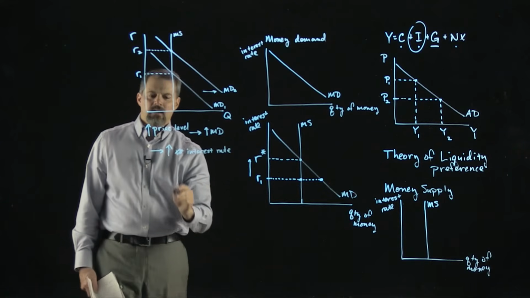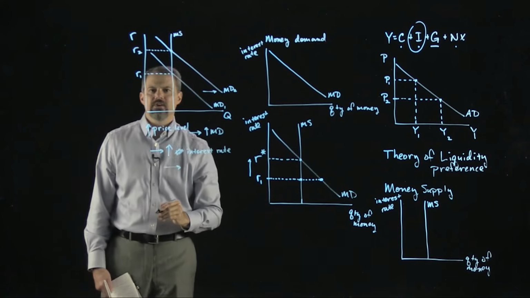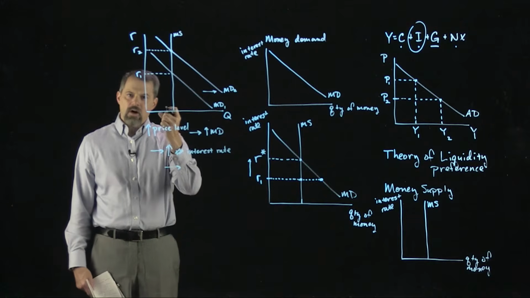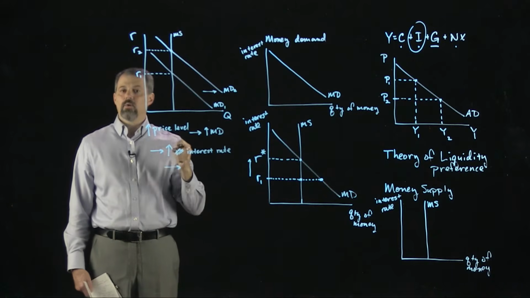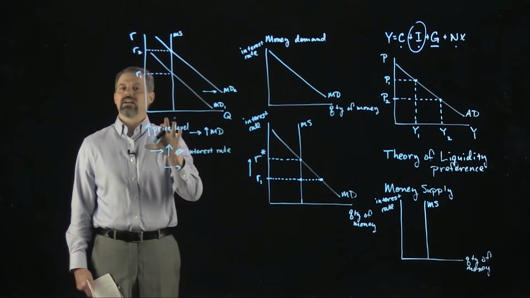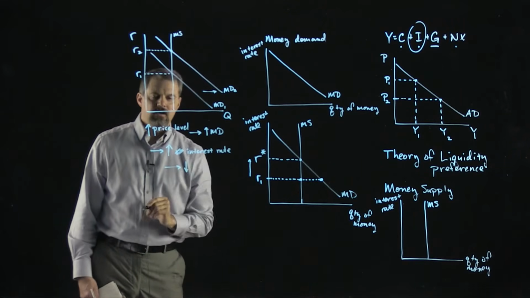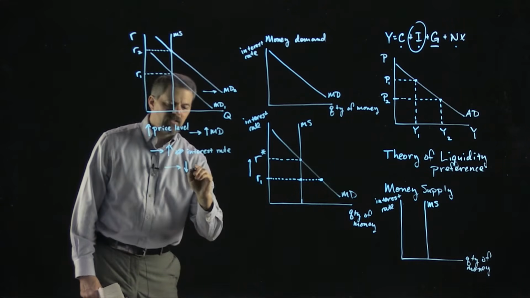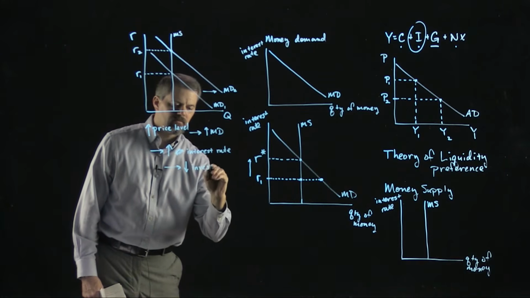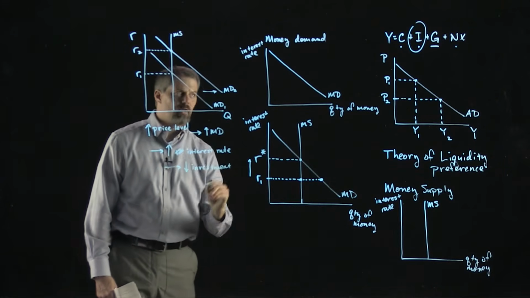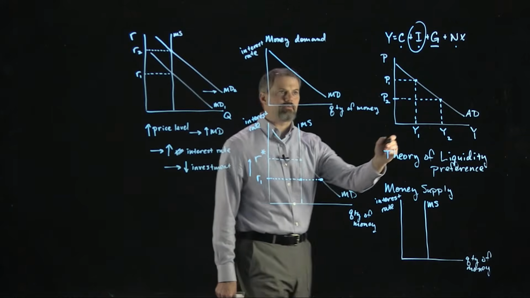And when the interest rate goes up, the cost of borrowing also goes up, and so firms are going to borrow less, they're going to invest less. This has a downward effect on investment. And really all we're talking about here is the interest rate effect.